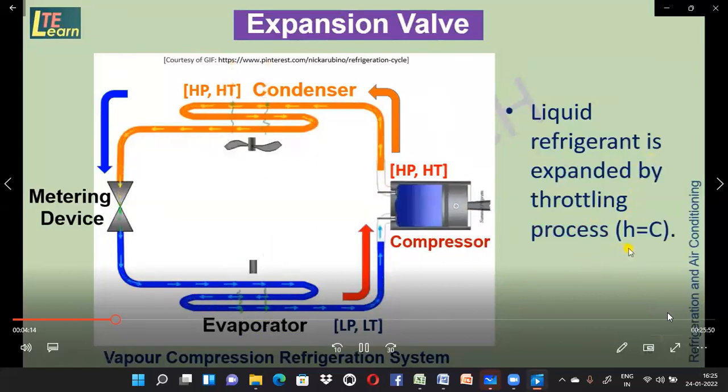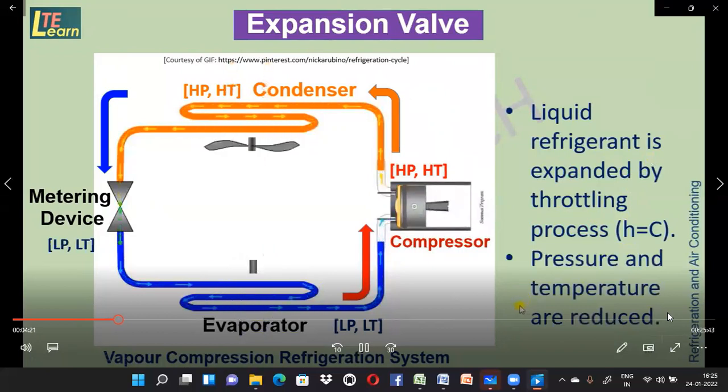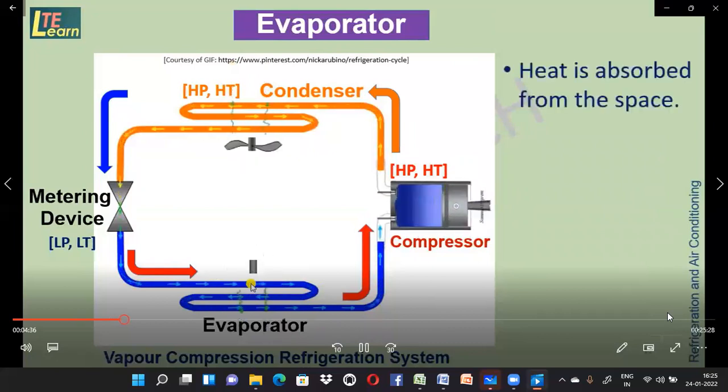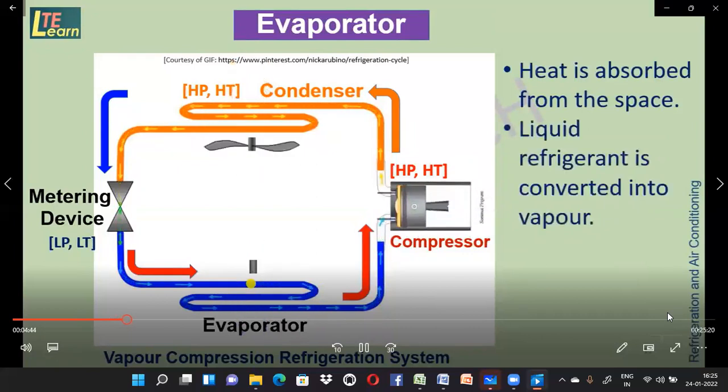In this process, enthalpy of the refrigerant is remaining constant and its temperature and pressure is reduced to a very low level. So from the metering device, low pressure and low temperature very cold refrigerant, liquid refrigerant, when comes to the evaporator space, then heat is absorbed by the refrigerant from the evaporator space, and this liquid refrigerant is converted into vapor.